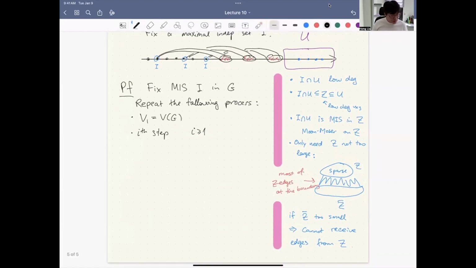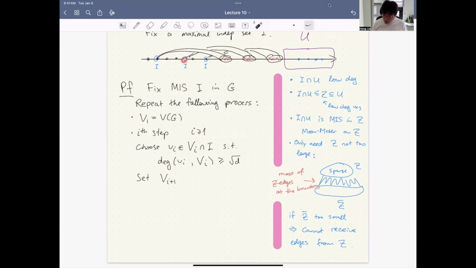Okay. Choose little vi in capital Vi intersect I such that the degree of little vi in Vi is at least square root D. And then we're going to update. We're going to set Vi plus 1.